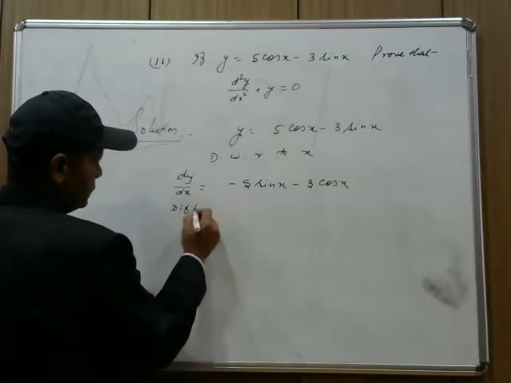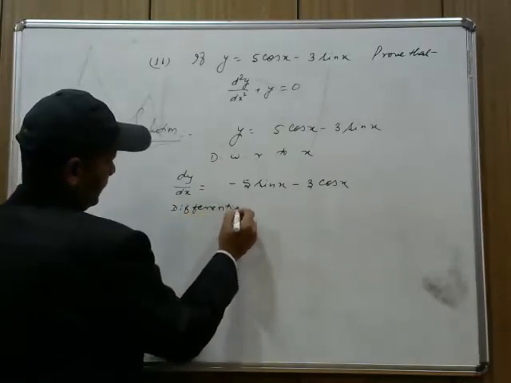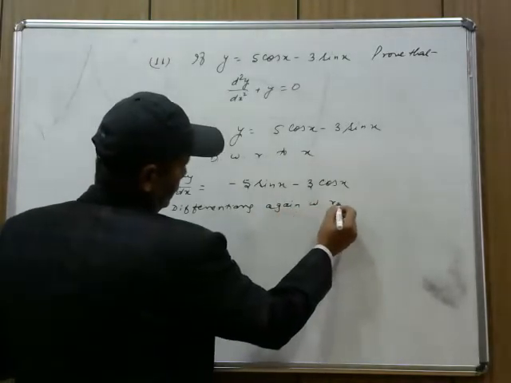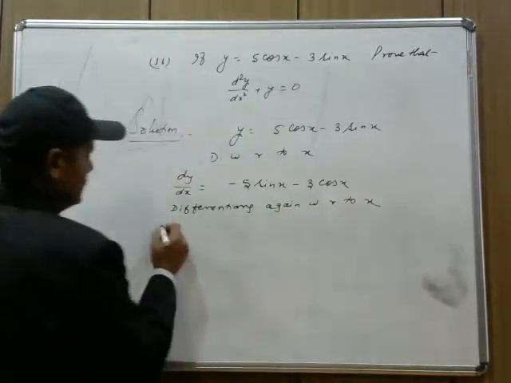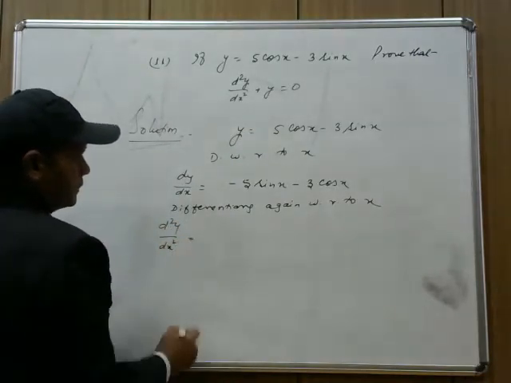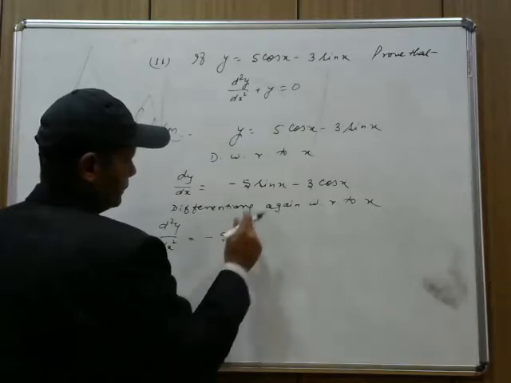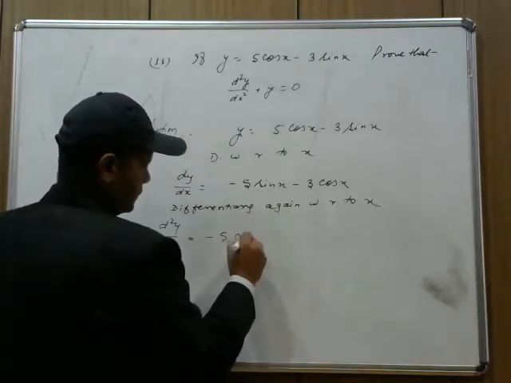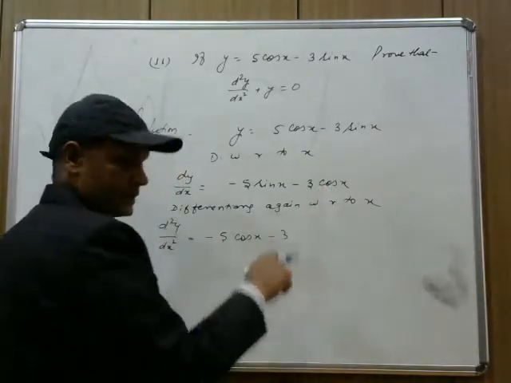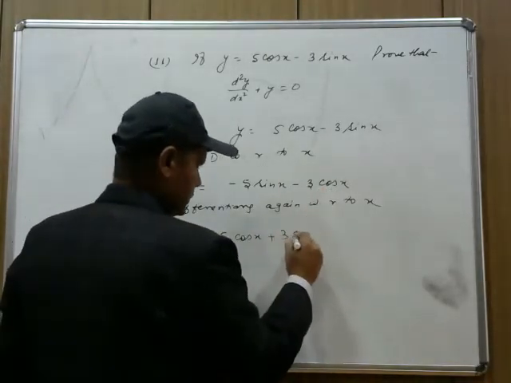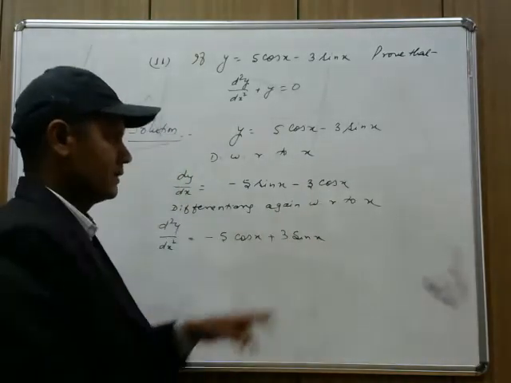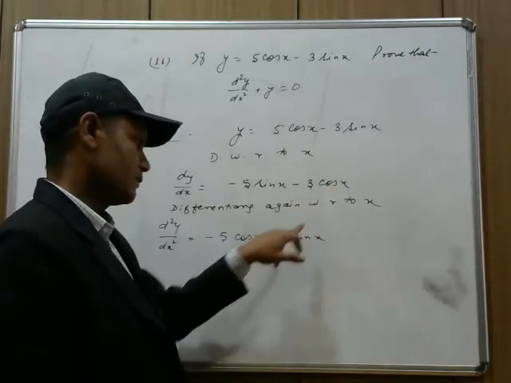Differentiating again with respect to x, d2y by dx square is equal to minus 5, differential of sin x is cos x, minus 3, differential of cos x is minus sin x, this minus becomes plus 3 sin x.